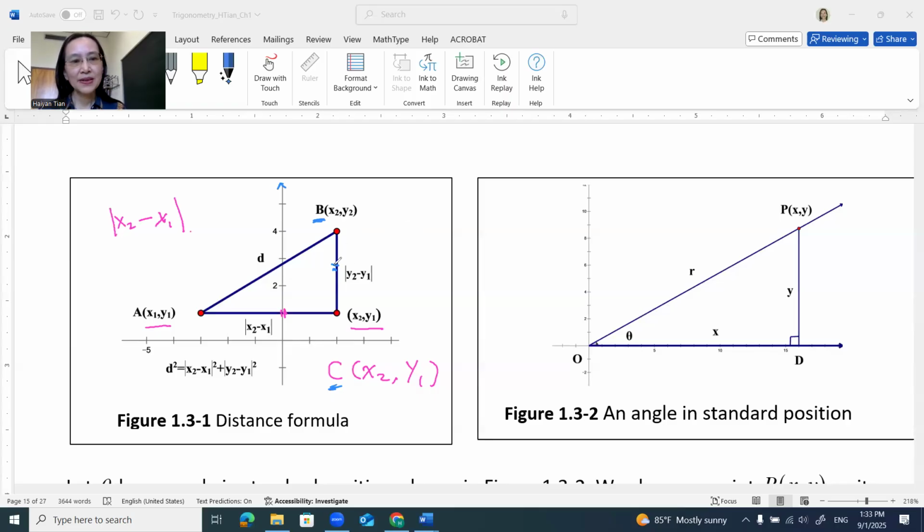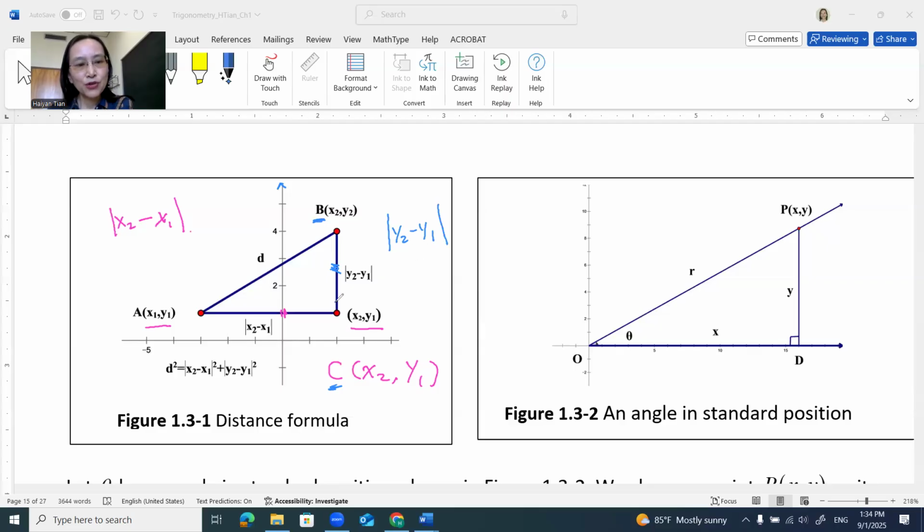So the length of the vertical line segment is simply y2 minus y1. Doesn't matter which one is minus the other because we take the absolute value, right? To make sure it's non-negative. So that's the length of the vertical line segment.